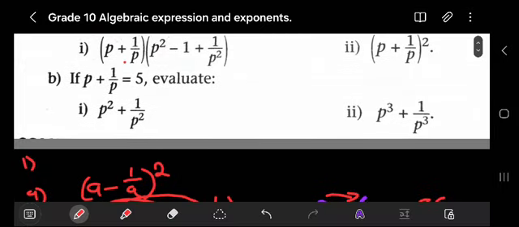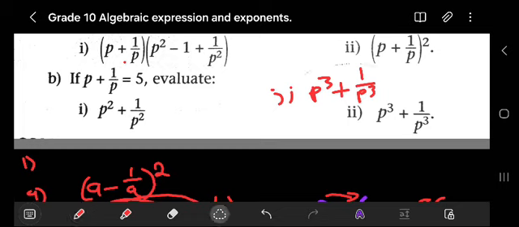All right, so what do we have again? We've been given this, we have this now again. Given p cubed plus 1 over p cubed, not squared, cubed, guys. We're supposed to evaluate to find the value of p cubed.